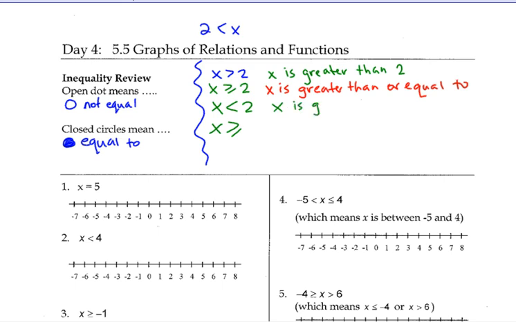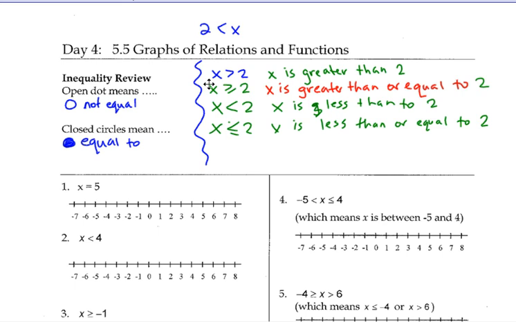Say the x is less than, and last, x is less than or equal to. Okay, so that's a review.